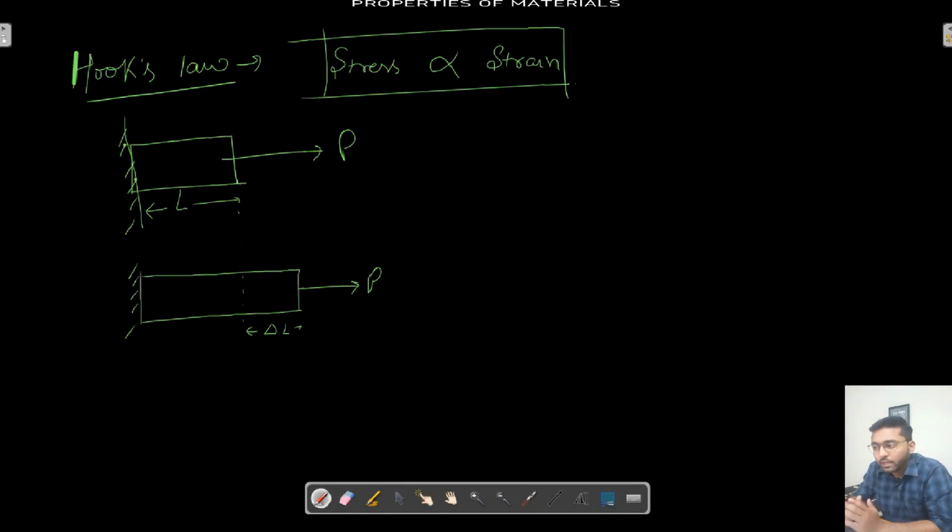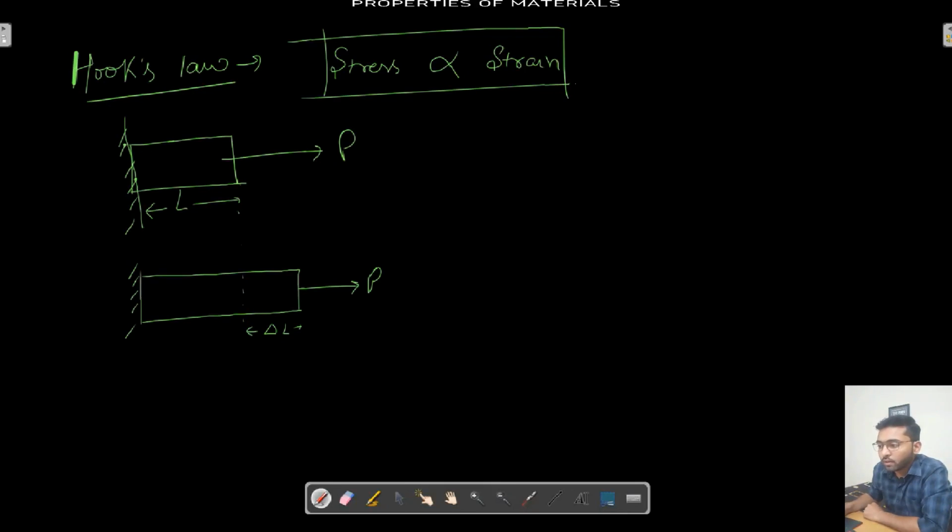So we can say that strain is the cause of stress. Okay. So first of all, strain is being applied by the application of force. And in response to that, the body tries to resist that deformation. And that internal resistance which the body actually applies is known as stress.